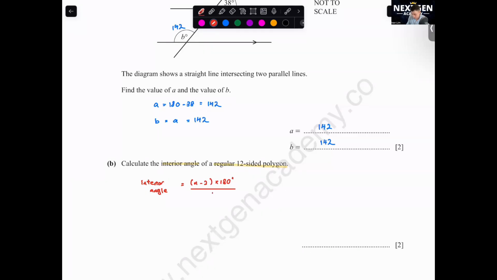Then we divide it by the number of sides. 12 minus 2 times 180 over 12. At the top here, you will get 1,800 divided by 12. You can separate it into two different equations also if you want, because if you memorize it as n minus 2 times 180, then you find 1,800. The top part here, this is your total interior angle.